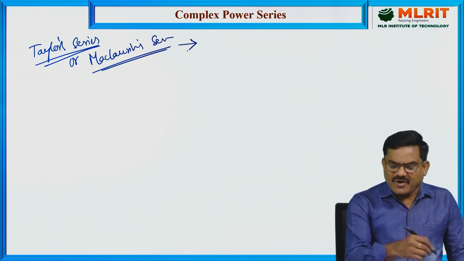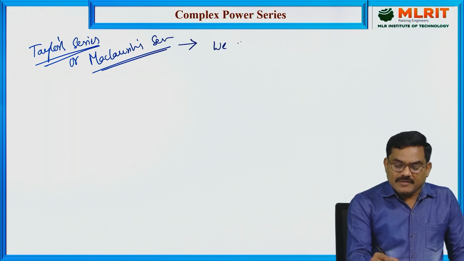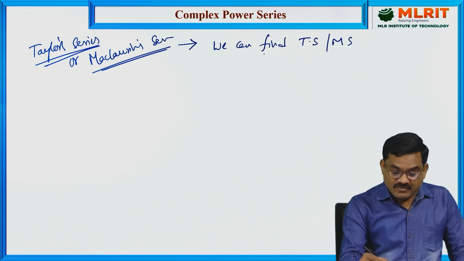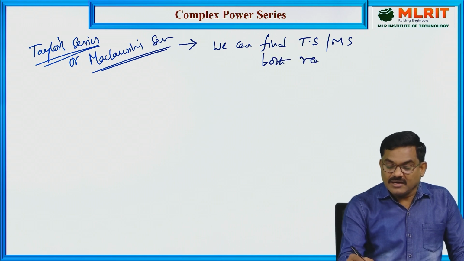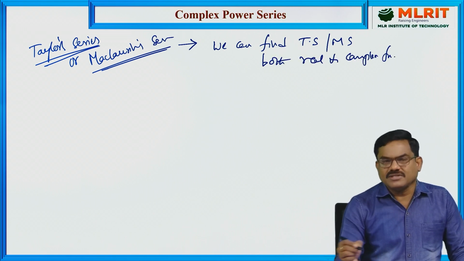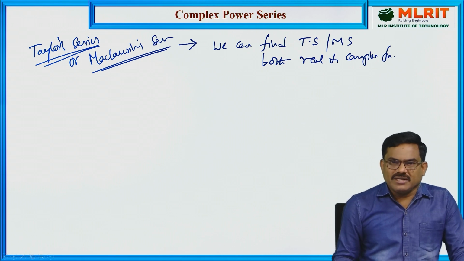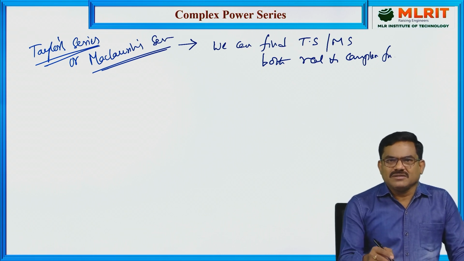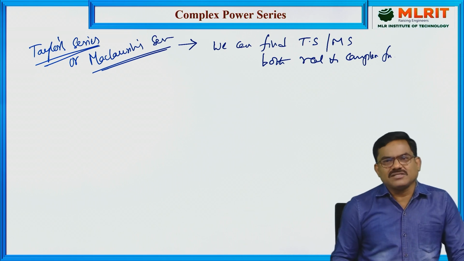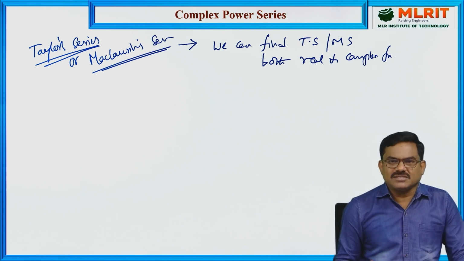Here already informed, we can find both the Taylor series or Maclaurin series expansions for both real and complex functions. So this is the main important point. We can expand a real function or we can expand a complex function as a Taylor series or Maclaurin series. In both cases we can.